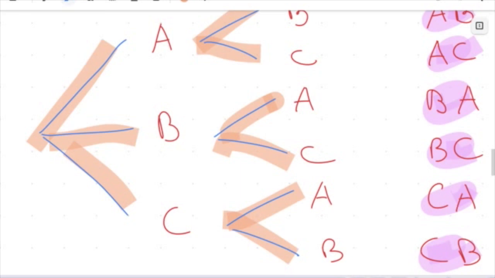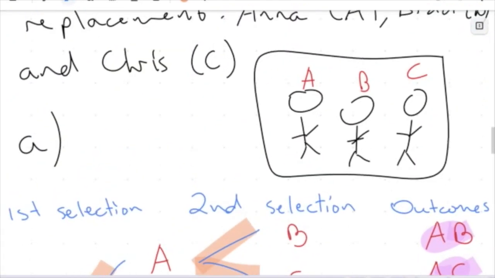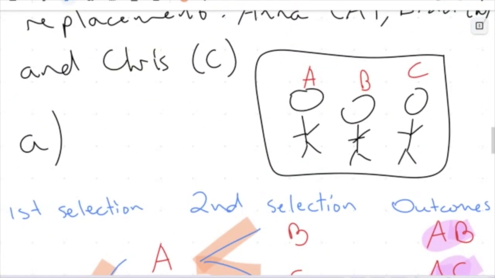So any way these people get pulled out of the room, there's always going to be a chance that Brad or Chris get selected. Let's even try to visualize it here.